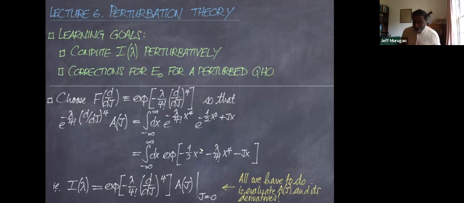Okay. Fortunately for us, we can actually evaluate A of J. So to evaluate A of J, we do the following. Before I go on, can anybody tell me why we can evaluate A of J? Sebastian?